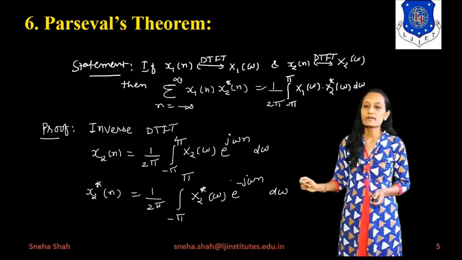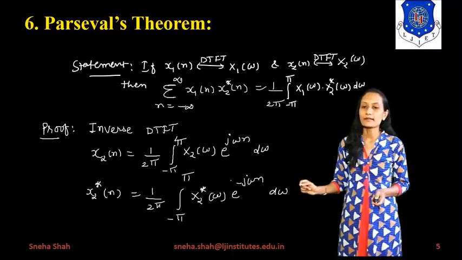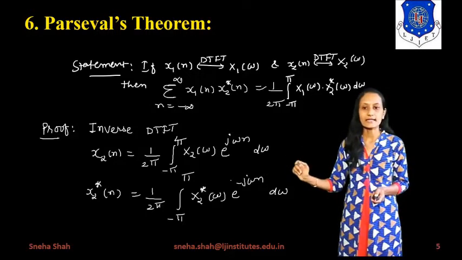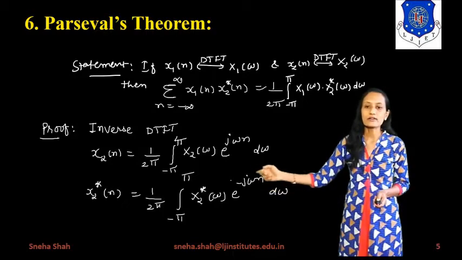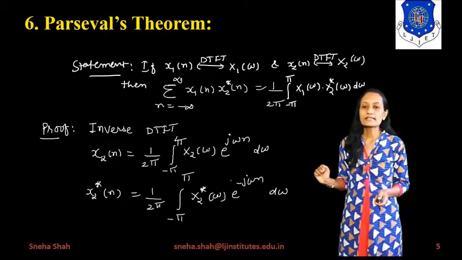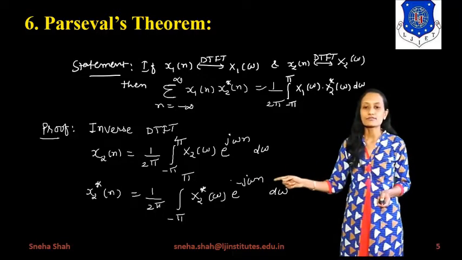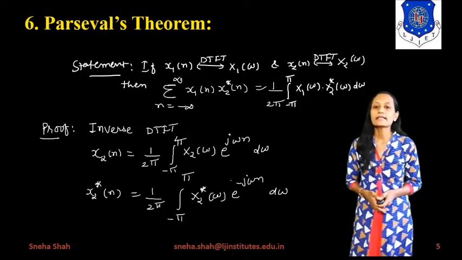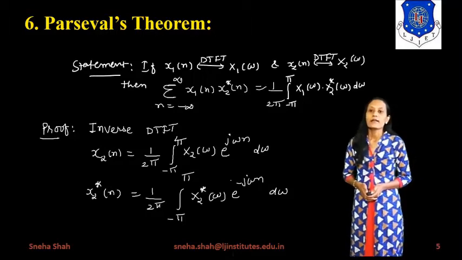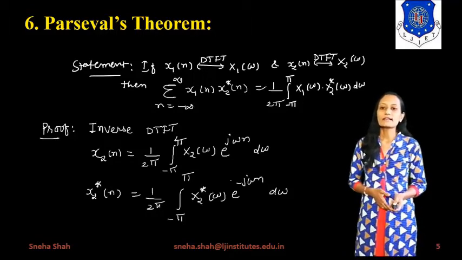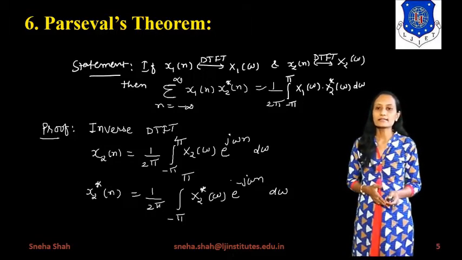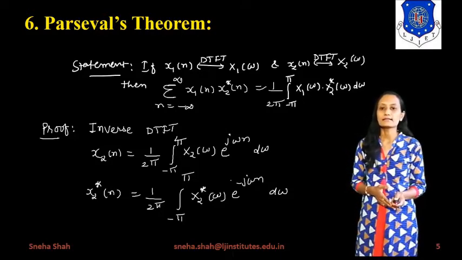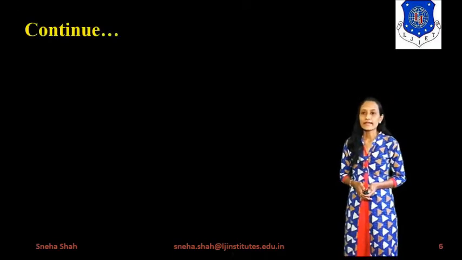Its value will be 1 upon 2 pi integration minus pi to pi, the range remains as it is, and instead of x2 of omega it will be x2 star of omega, and instead of e raised to j omega n, its conjugate will be e raised to minus j omega n d omega, right? Now if we put this value of x2 star of n in this equation, it will give the output like this. So we will find that value.